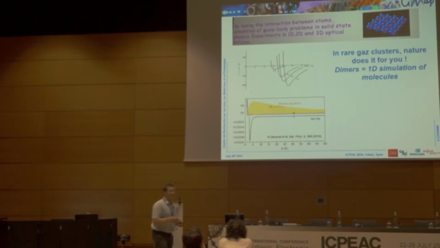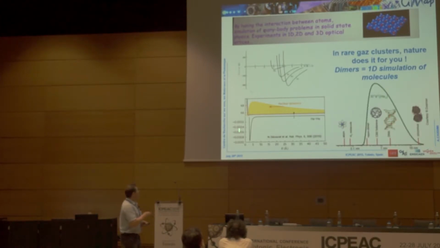However, you should be careful: even if the potential is very narrow, the nuclear wave function can be very wide, and you might be surprised if you compare these wave functions to other nano-objects.